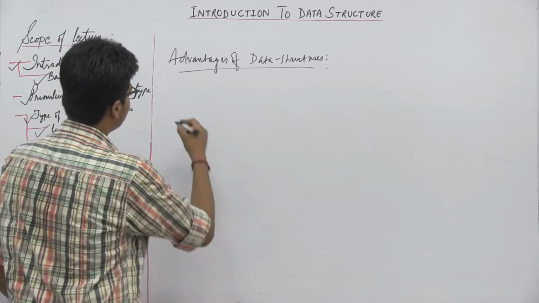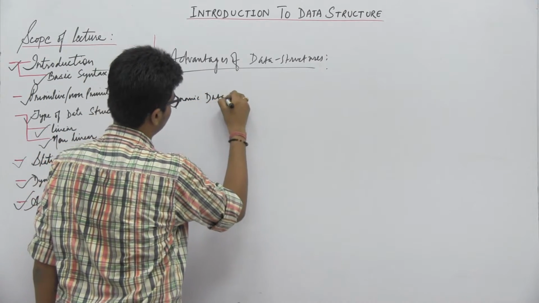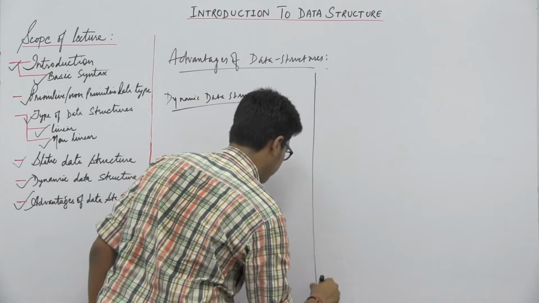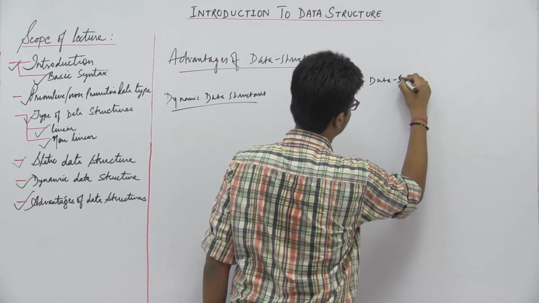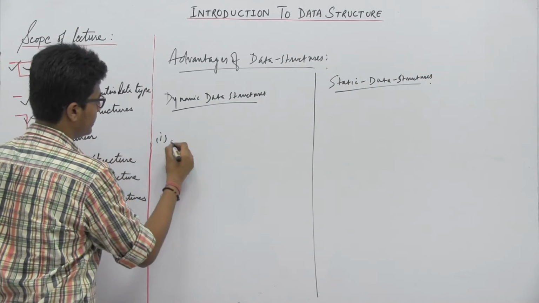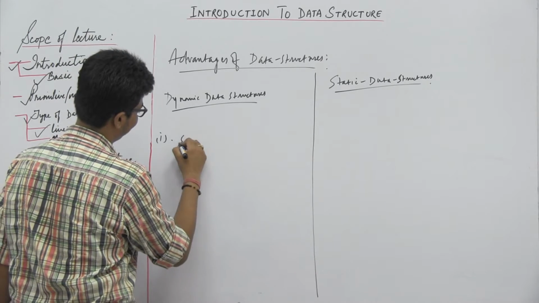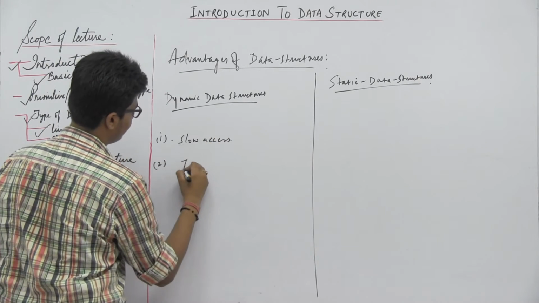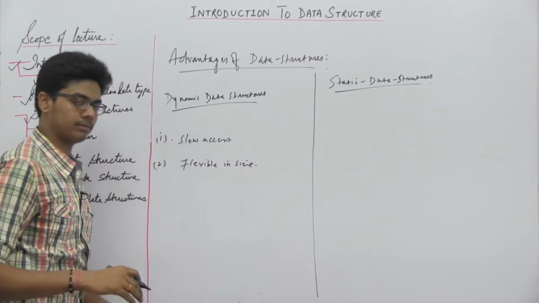Now the advantages of these data structures. In a dynamic data structure, access is slow. It is flexible in size, which means you can shrink it or create a new node.